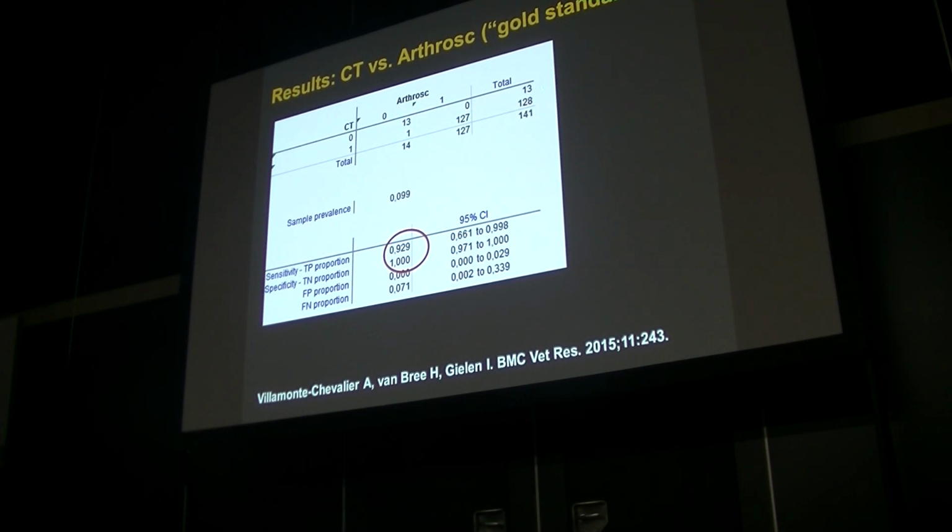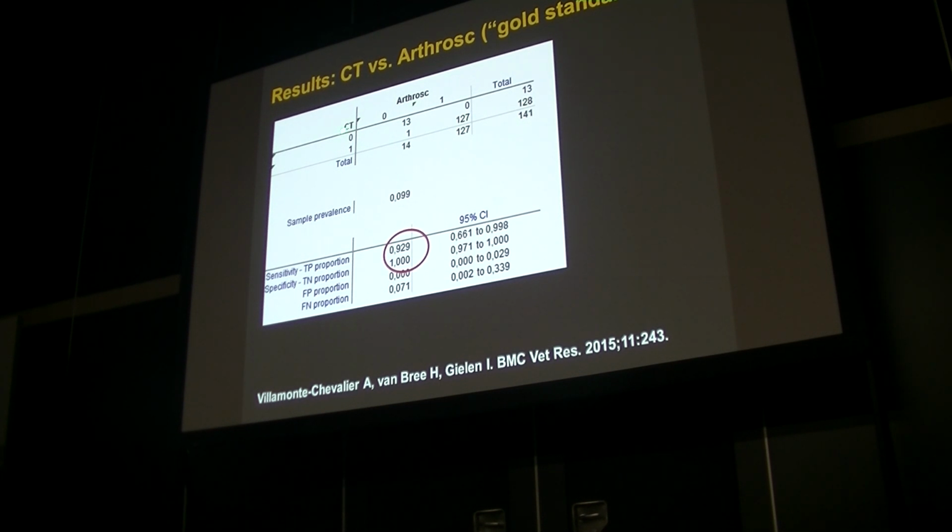So 141 were scoped, and this is a study comparing the arthroscopic findings with the CT findings. If we look here, the cases that were negative on CT, meaning that there was no affection of the medial coronoid process, no sclerosis, these all could be confirmed on arthroscopy. So all of them were normally scored on arthroscopy.